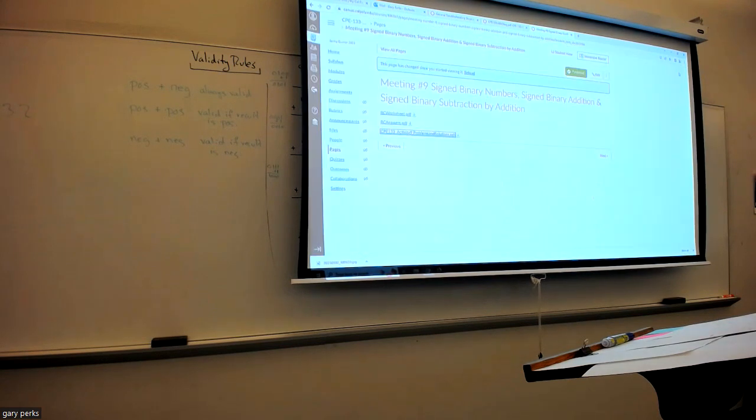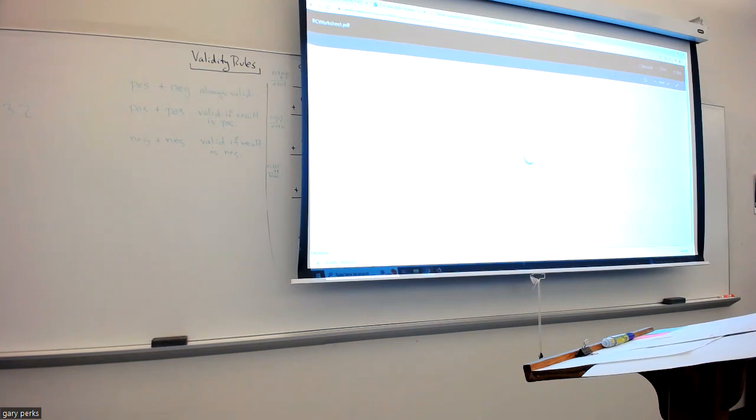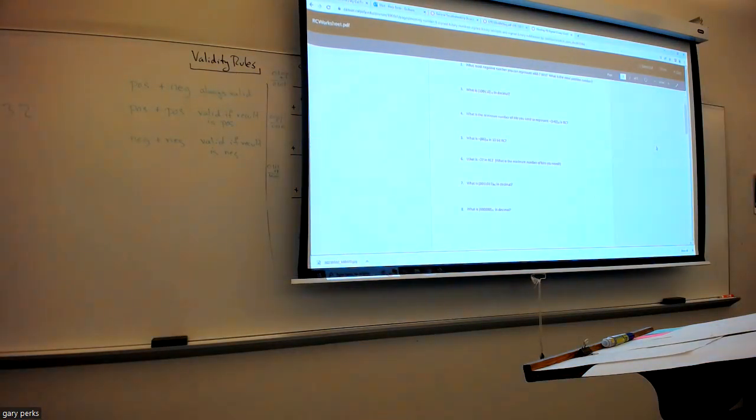If you look at the other worksheet, it's more like talking about the numbers. Now there is one mistake. Number 6, this should be what is minus 27, not plus 27. Okay, so that's the activity.